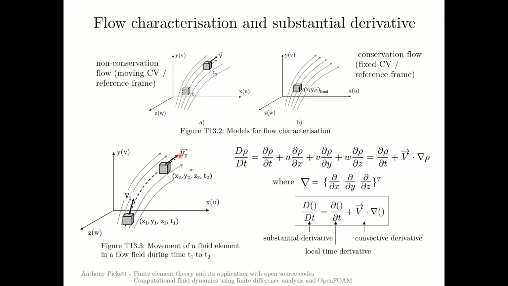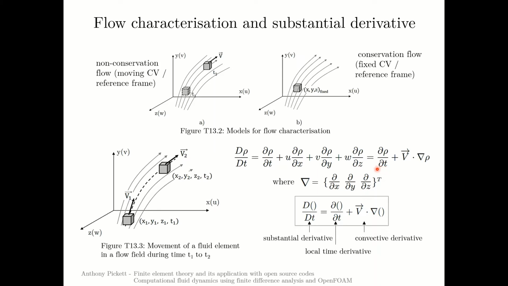So, for example, if density is a function of position x, y, z, and time, then you can use the chain rule of differentiation and come up with a so-called substantial derivative expressing the total change in density with time.